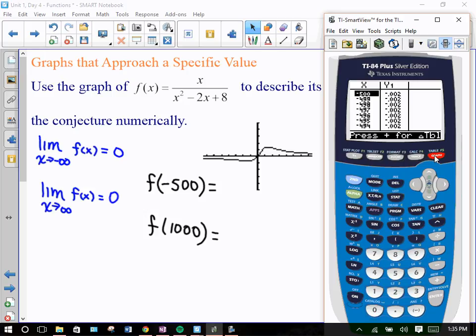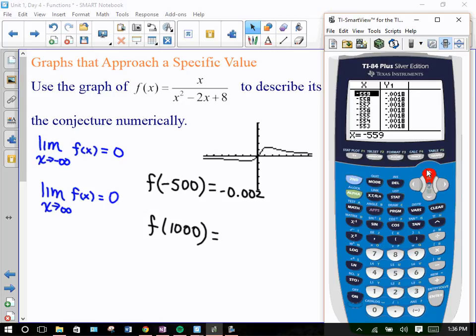As I continue going, it's getting smaller, getting close to zero. The calculator rounded and said it's negative 0.002. That's pretty close to zero, right?